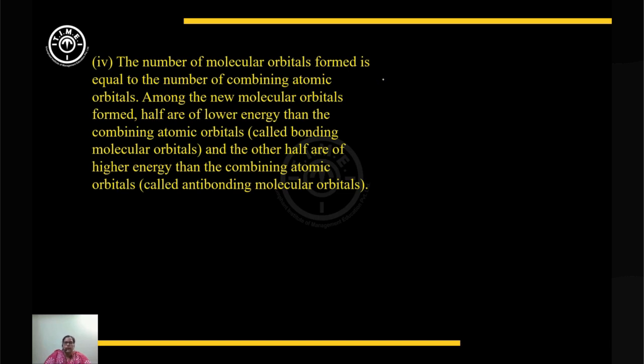So if we take the example of a 1s orbital combining with another 1s orbital, we get two molecular orbitals, that is sigma 1s and sigma star 1s. Similarly, a 2s orbital combines with a 2s orbital and it gives rise to two molecular orbitals, that is sigma 2s and sigma star 2s.